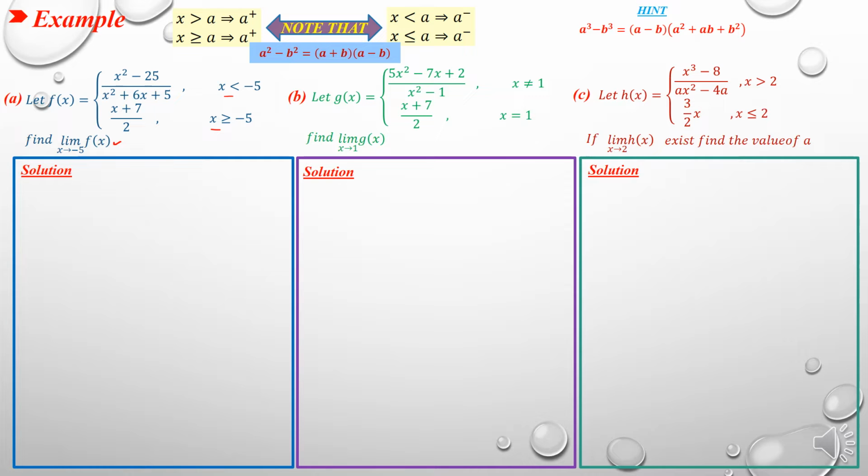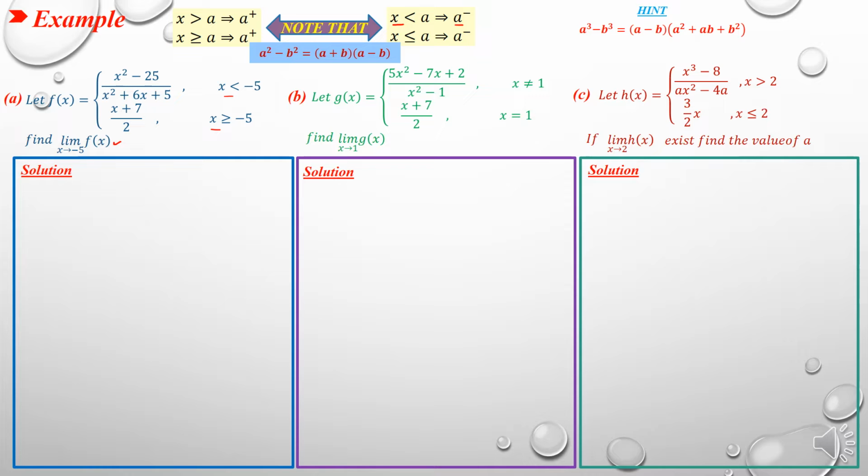Now, since negative 5 is common between the two intervals, this means you have to find the limit from the right and from the left of negative 5. So you have to find the limit around negative 5. If we have x less than a in general, this means a from left.